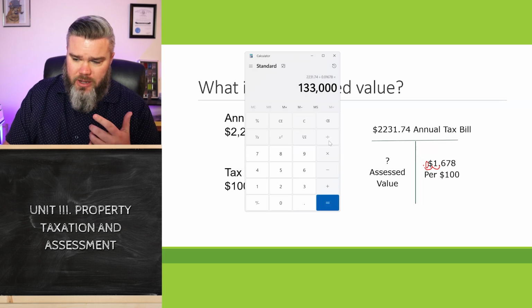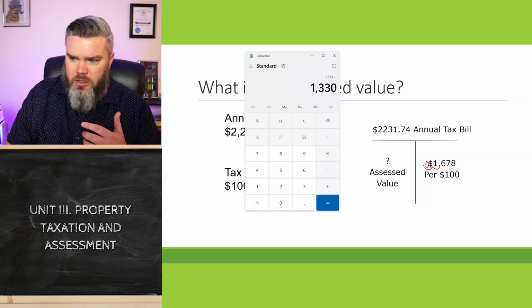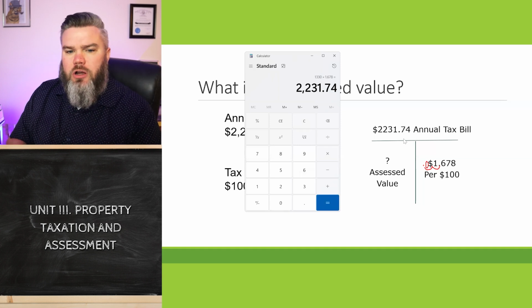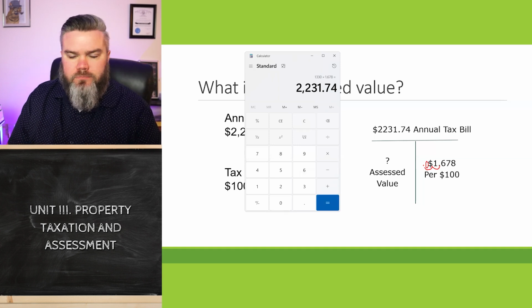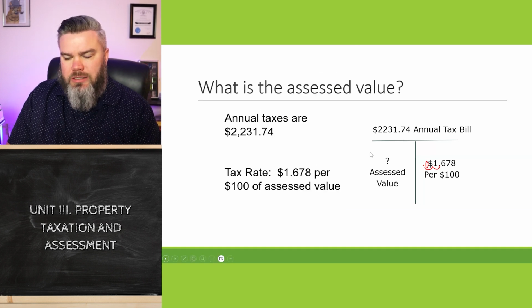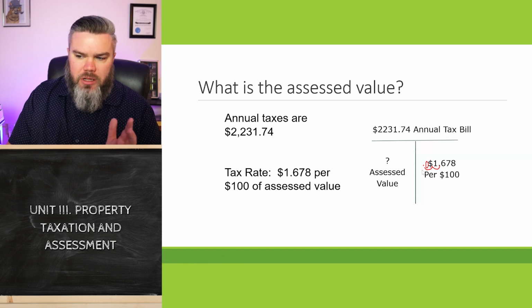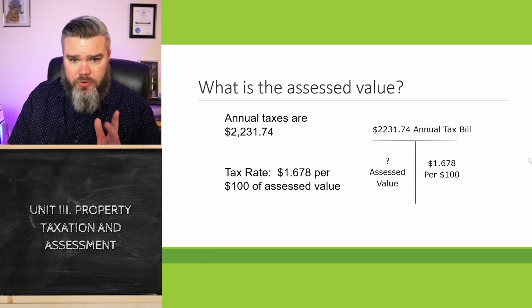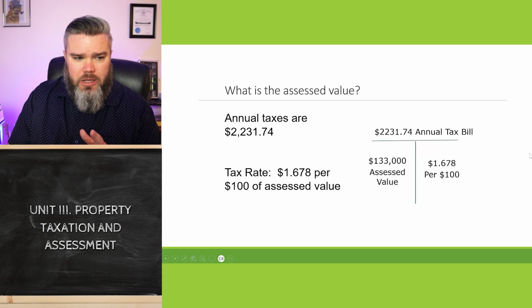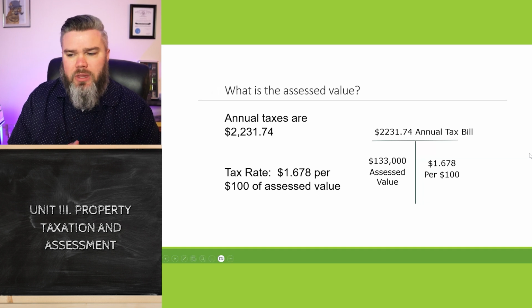This divided by 100 times the per 100 rate of 1.678 gives you the tax bill we started with. You can always check your work. Makes it a little bit easier, though, I'm telling you, when you convert it to a per dollar rate every single time. So the answer here is 133.